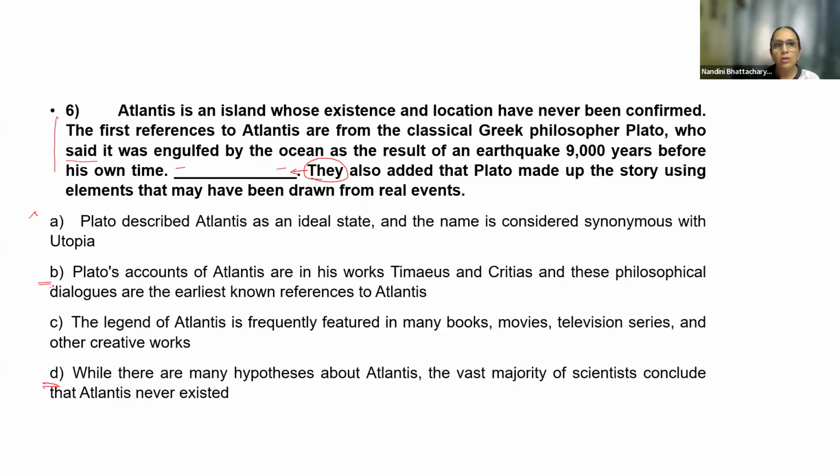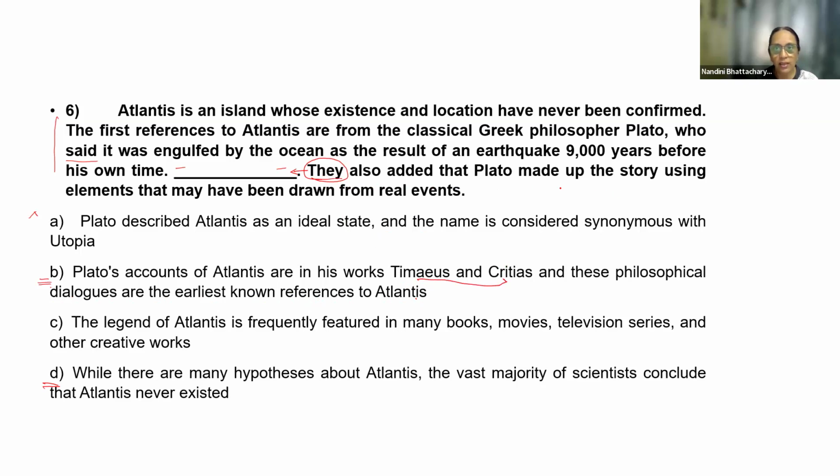Now Shyam, if we look at B, it says Plato's accounts of Atlantis are in his works Timaeus and Critias, and these philosophical dialogues are the earliest known references to Atlantis. Now, after that, if we say "they also added", who are the "they"? Is it the works?